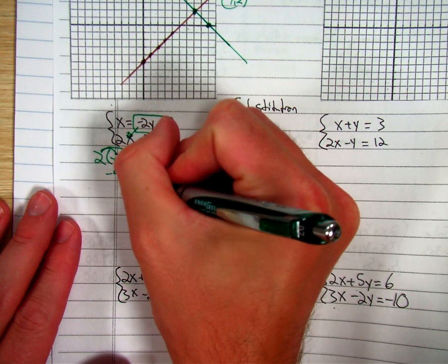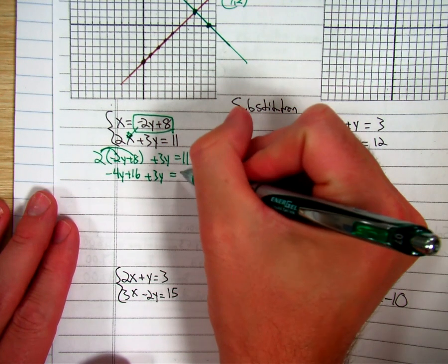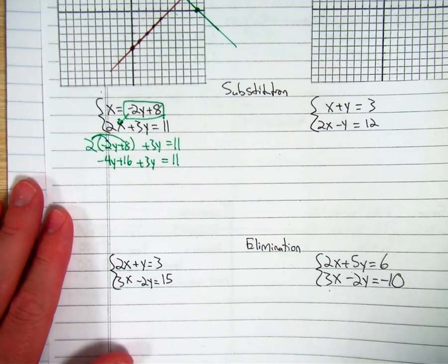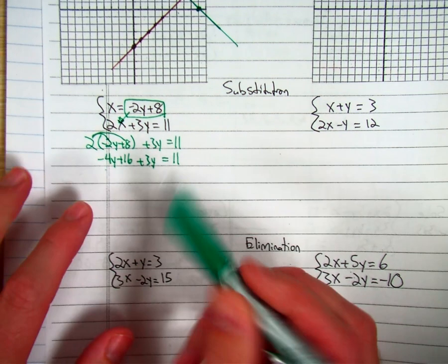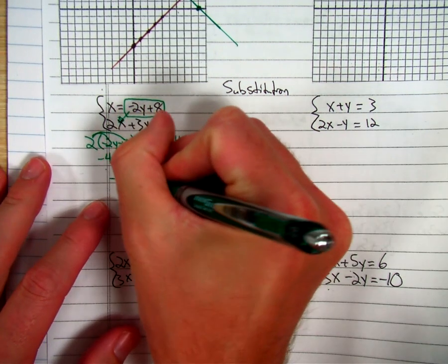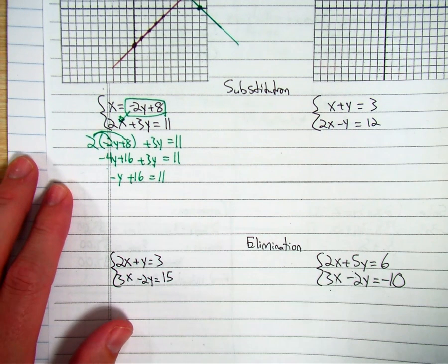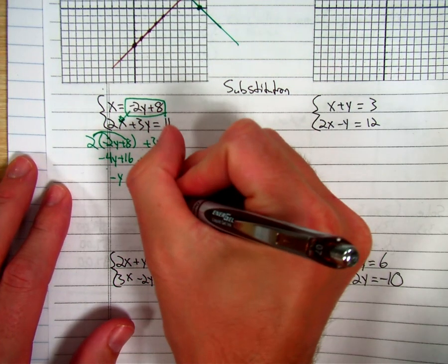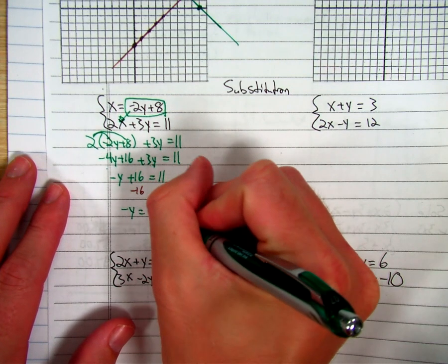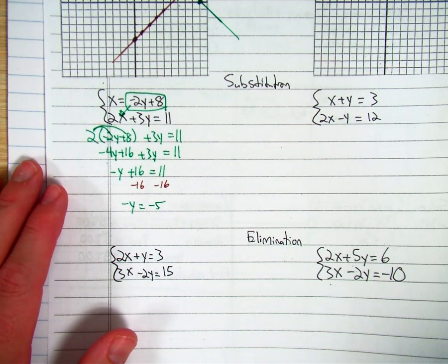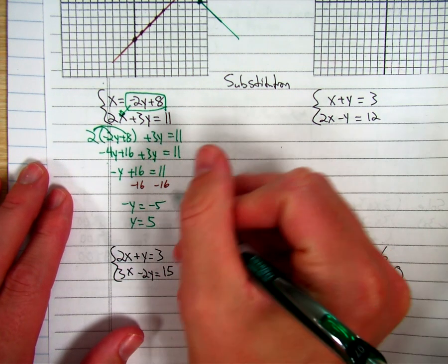We'll have negative 4y plus 16 plus 3y equals 11. Combine our y's together, negative 4y plus 3y, and we got negative 1y. We'll minus 16 from both sides. Negative y equals negative 5. Positive y equals positive 5.